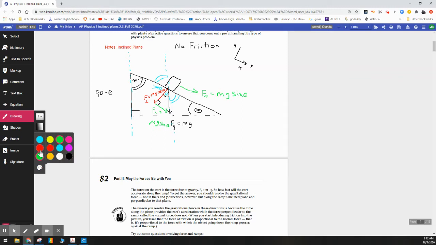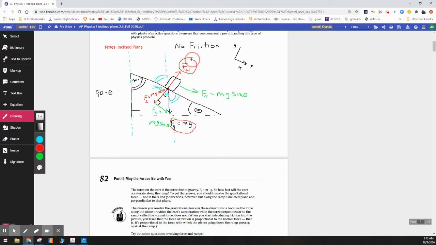Now let me use this pen here. This is the perpendicular component right here. Now, this is the normal force going up this way. Right now, the only two forces acting on this block are the force of gravity and the normal force.